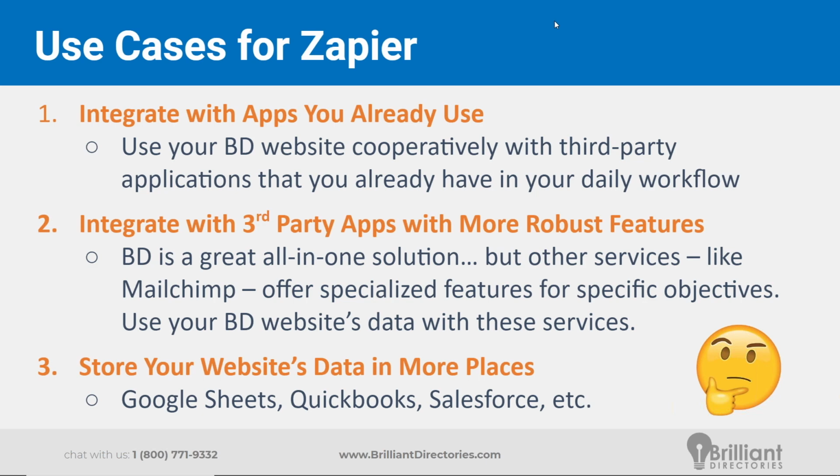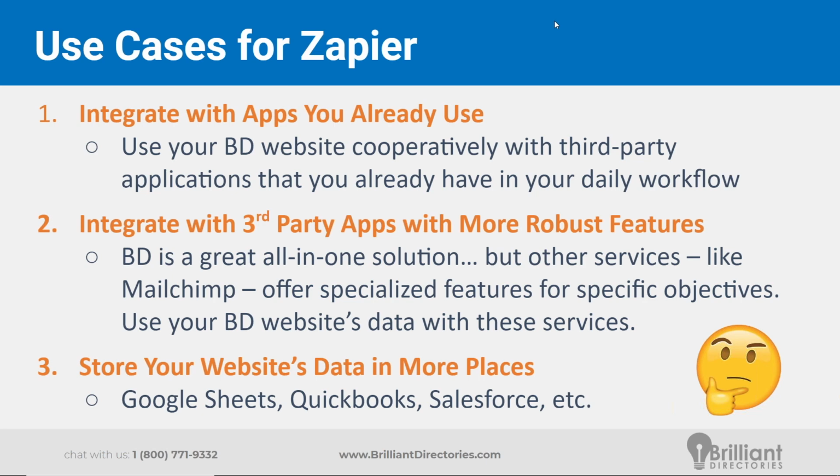So Mailchimp is a great platform specifically designed for sending out newsletters and managing contact lists. So you can use your BD website's data with those services. And like I mentioned, the contact list within Mailchimp or any other application you might be using, that will now be able to automatically be updated. So you won't need to manually transfer any data over.